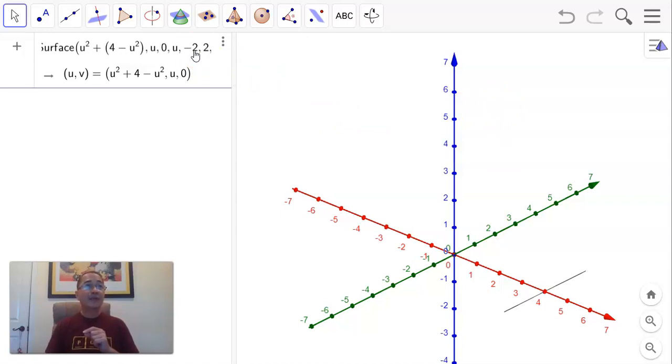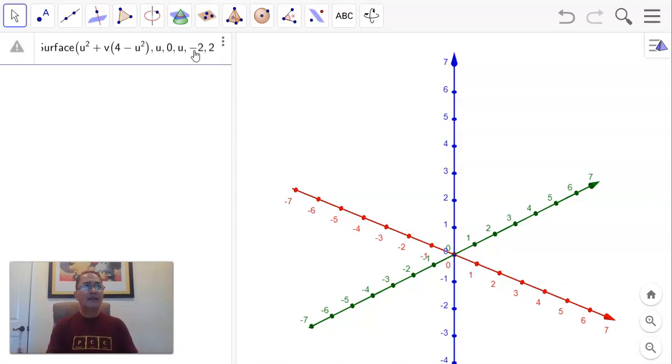Aha! So here's what we are going to do. We're going to put a v here, but GeoGebra is very sensitive. At this point, check how there's an exclamation point. It's like unknown command v, because to GeoGebra, this is a function, v of this, but we don't mean it as a function.